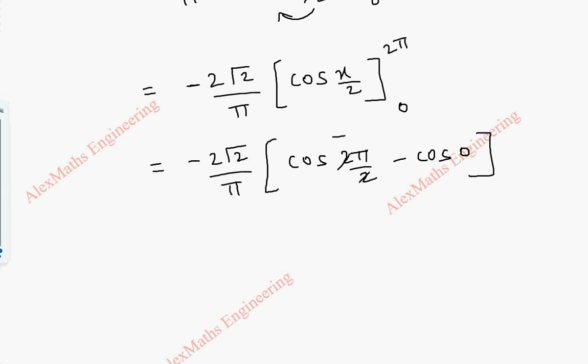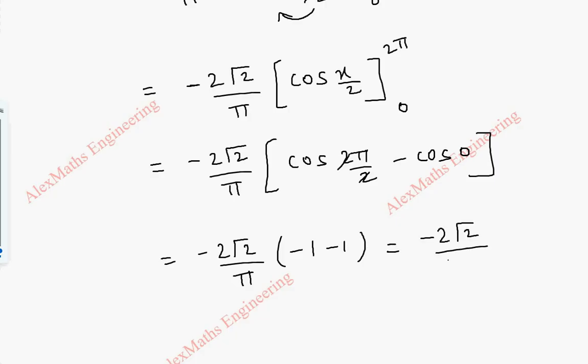Anyway, I'll write it neatly in the next step. So minus 2 root 2 by pi times minus 1 minus 1, which is minus 2 root 2 by pi into minus 2. You can cancel this. So the value of a naught is 4 root 2 by pi.